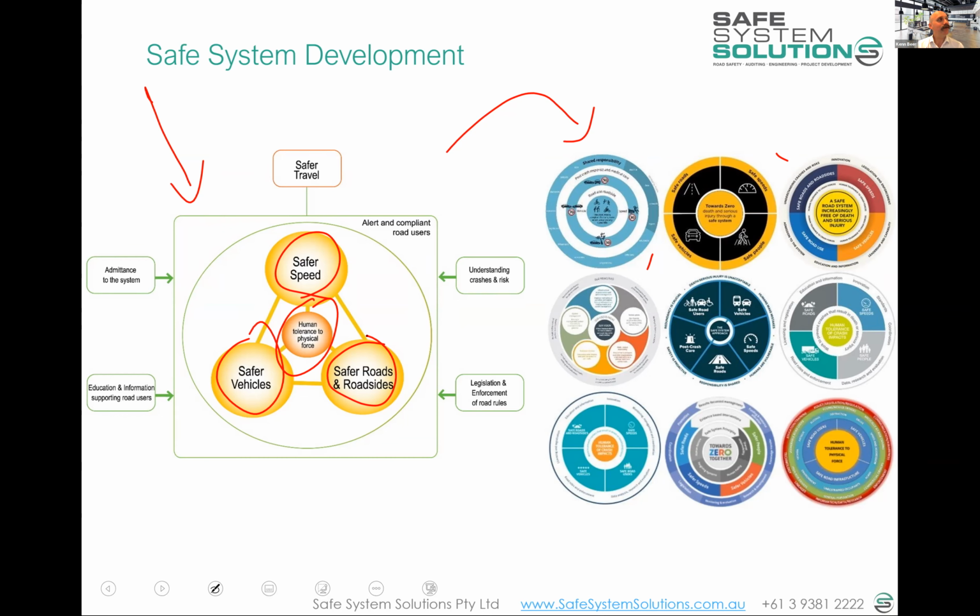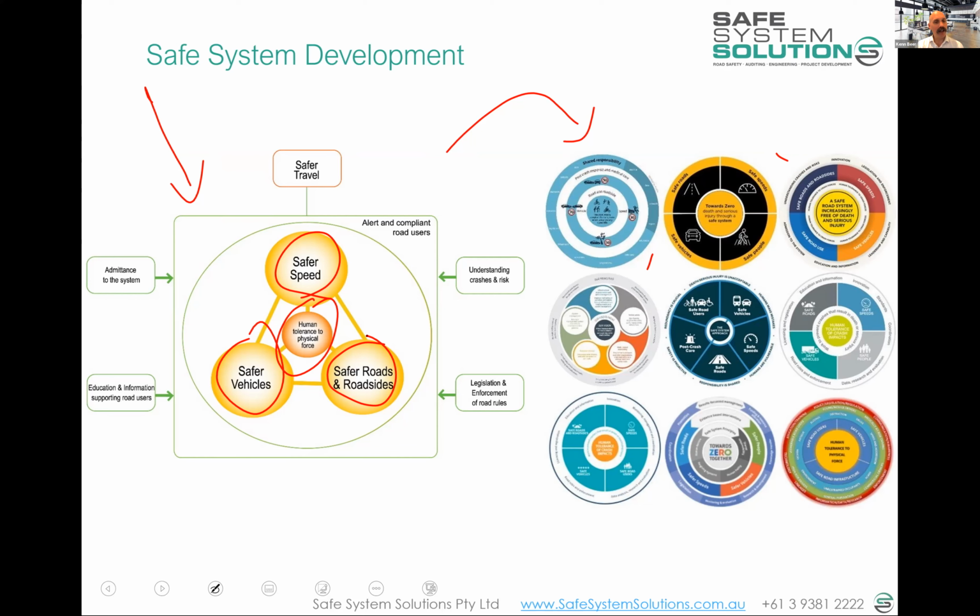Then some people said, well, hang on, what about the road users and them being alert and compliant? And this is where we got this split. There were two camps. We had a camp that was saying, no, our aim is to create a system that does not require humans to be alert and compliant to survive.